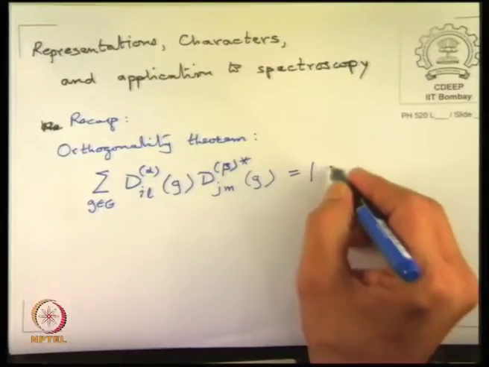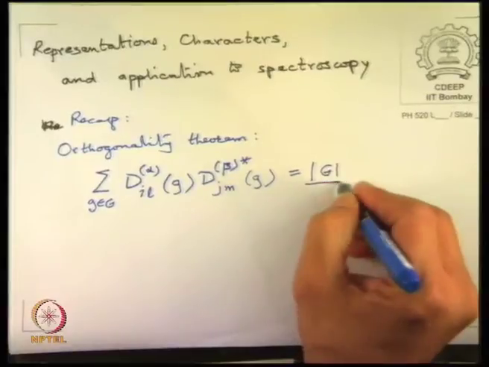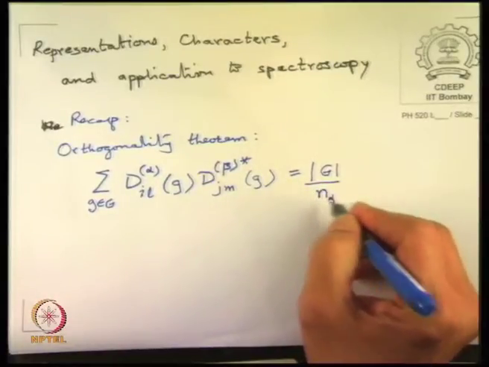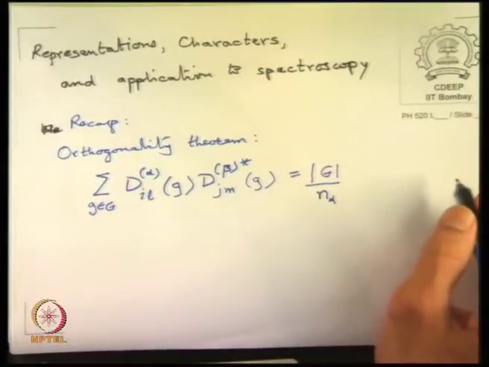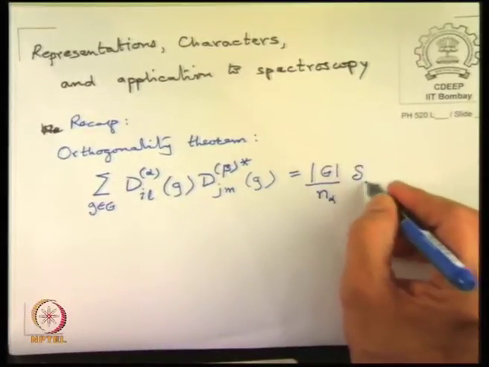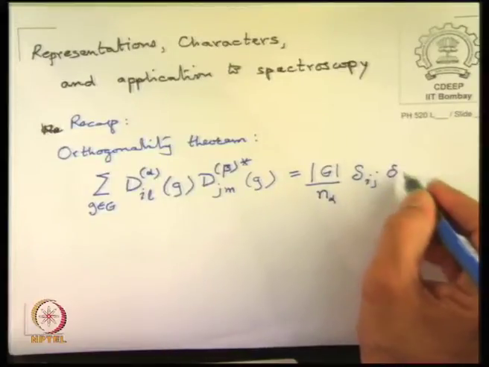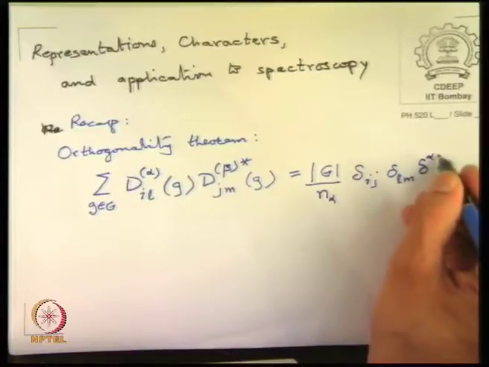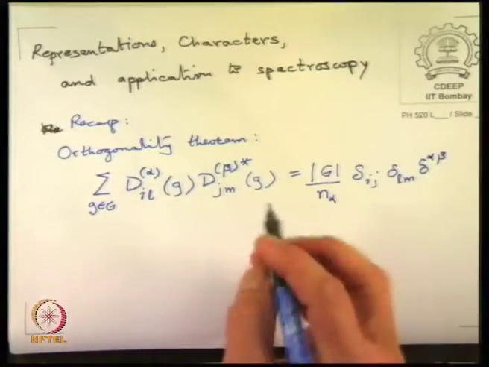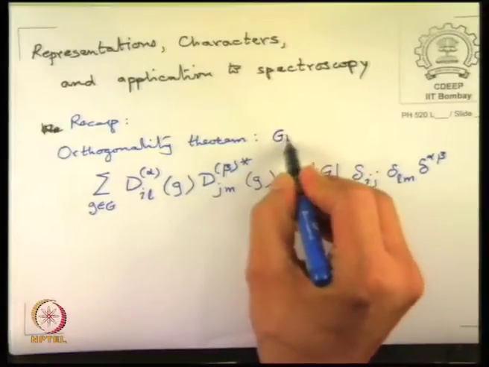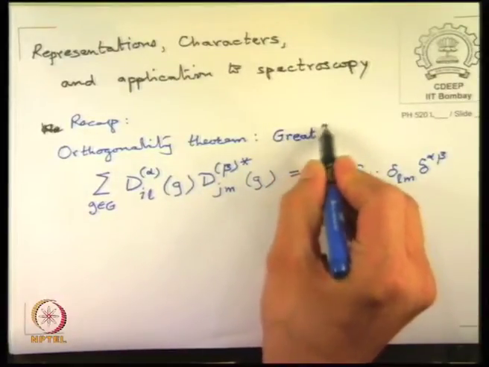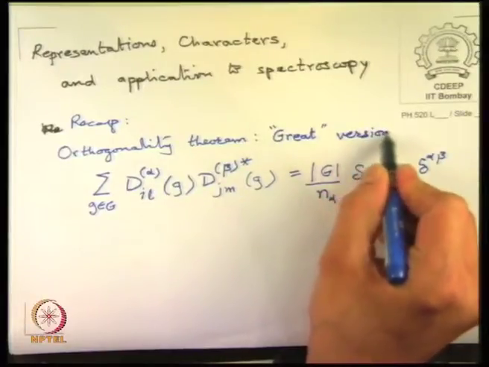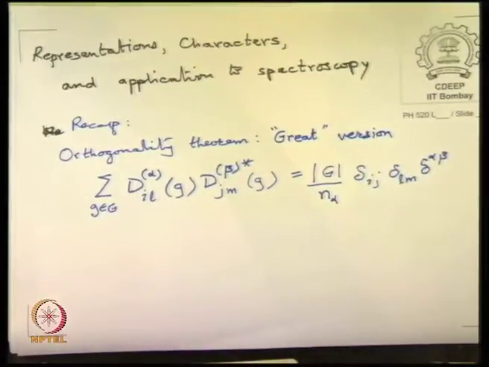So it is size of G, number of elements in the group, times the size of the representation alpha, and times delta ij, delta lm, and delta alpha beta. So this is the great one. Indeed, it deserves that name.